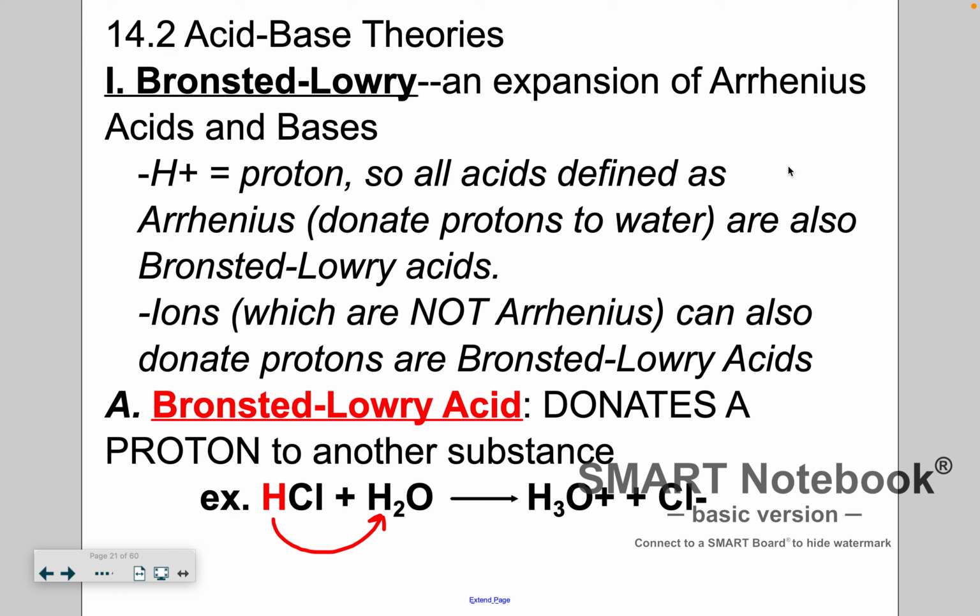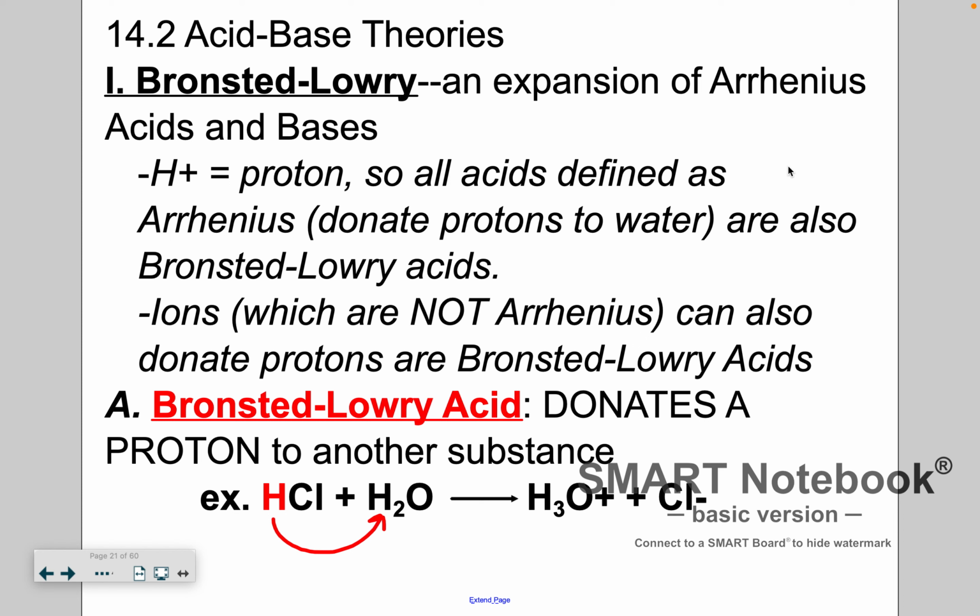An Arrhenius base is a substance that increases the concentration of hydroxide, OH negative, in an aqueous solution. That was Arrhenius acids and bases. They were limited because it had to be an aqueous solution.